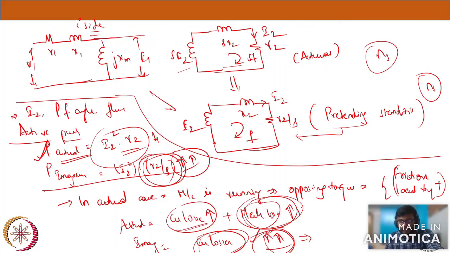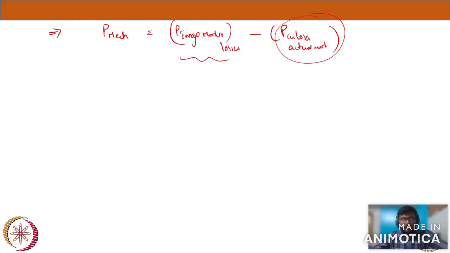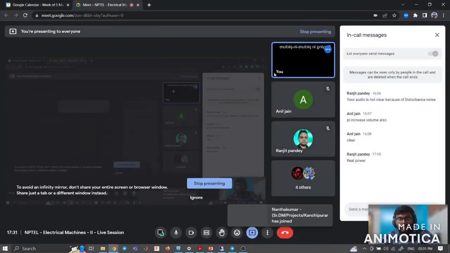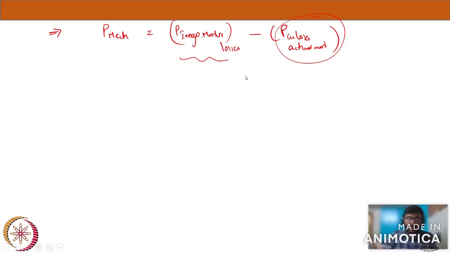You will be left with the mechanical losses only, because that is the additional component here. So what I was saying is, your R2 by S component in the rotor circuit of the imaginary motor is taking care of both the copper losses in the actual motor as well as the mechanical losses in the actual motor. That is the R2 by S component, right?